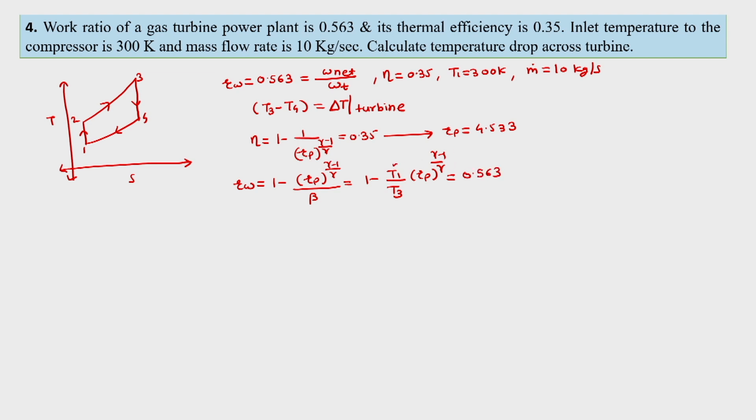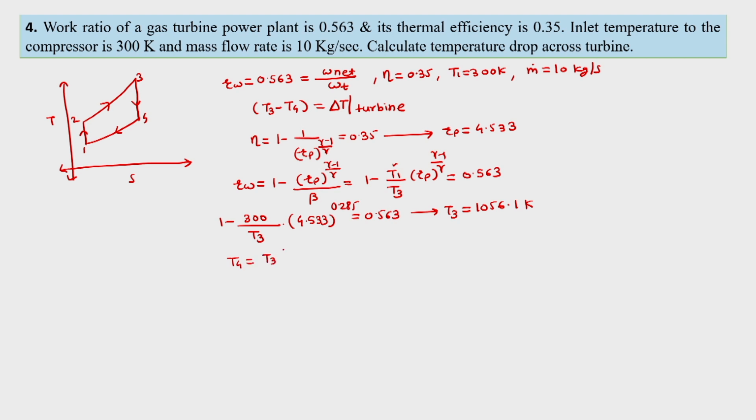So T1 is known to us, so 1 minus 300 divided by T3 into Rp, that is 4.533 bracket raised to 0.285, is equal to 0.563, and this gives us T3 is equal to 1056.1 Kelvin.